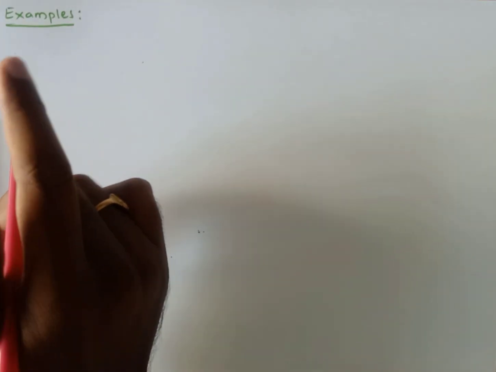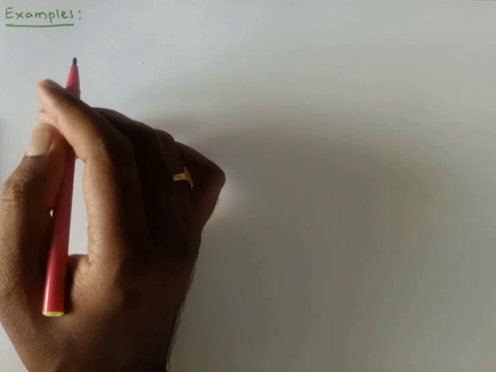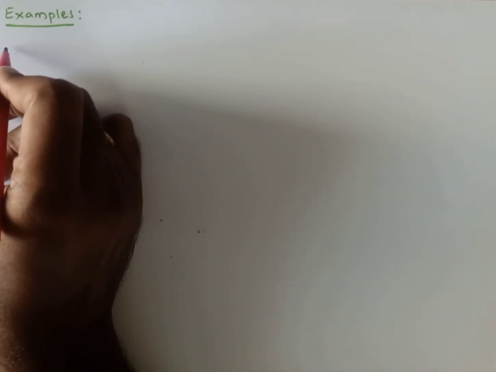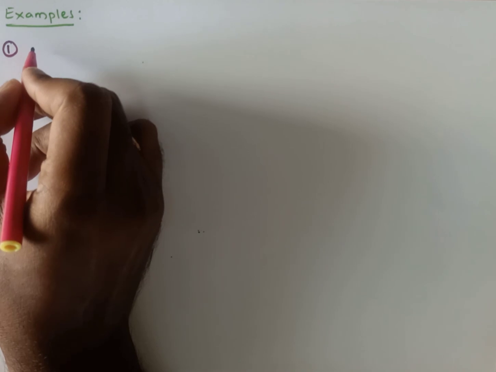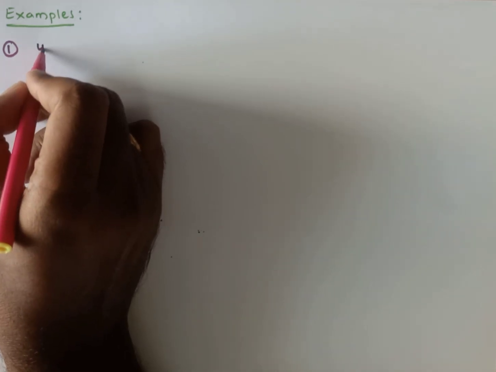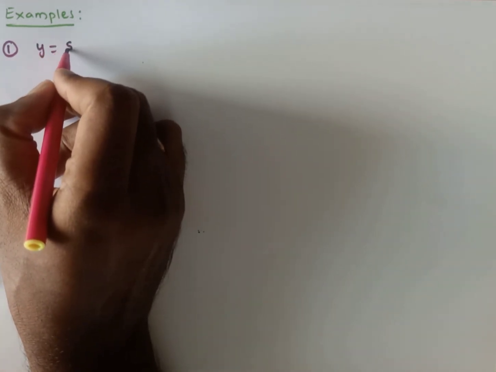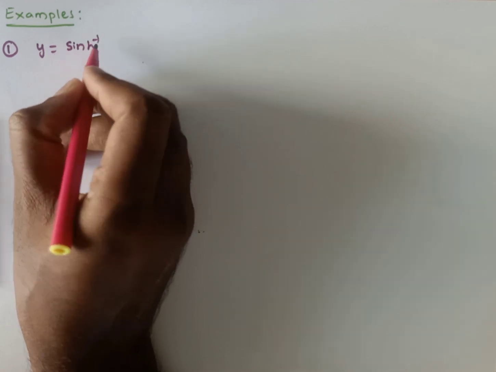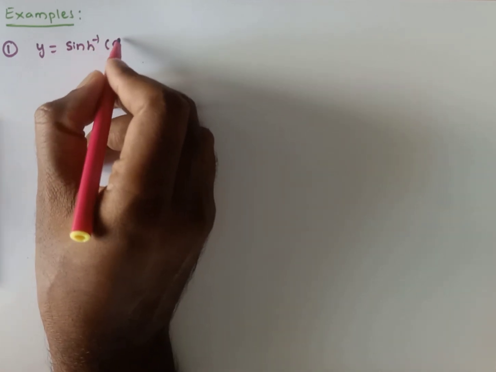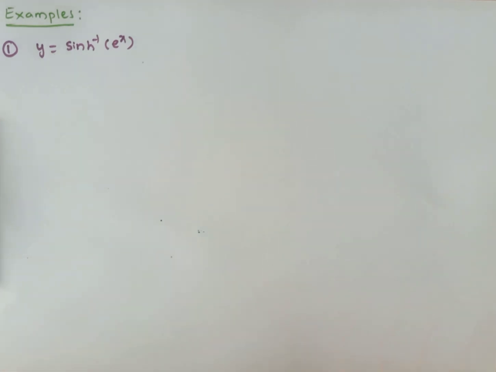Let us see some examples on inverse hyperbolic functions regarding the derivatives. Number one, y equals sinh inverse of e power x.